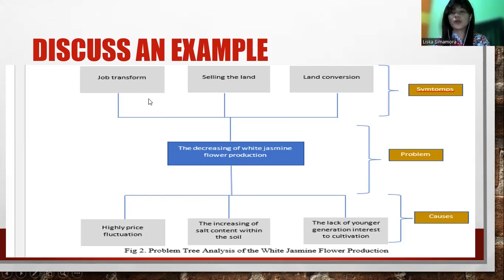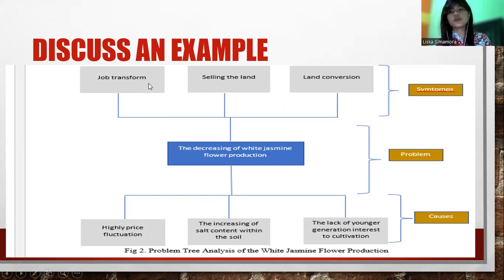So this is the simple one. We don't include step 5. For example, if we want to include step 5, it means asking what makes the high price. This high price will have other causes as well, maybe 2 or 3. The increasing salt content within the soil also will have many other causes. The same thing can happen with effects as well.